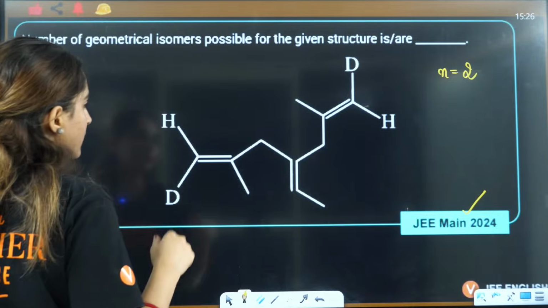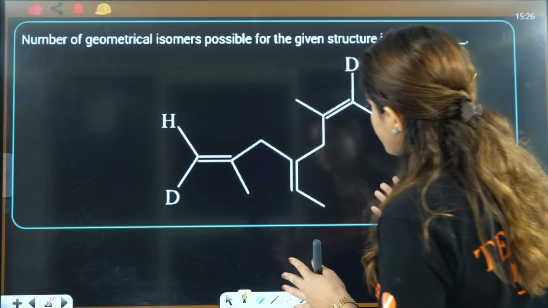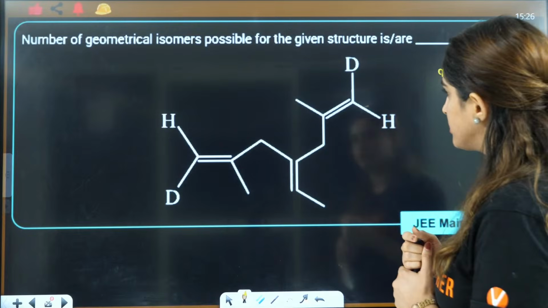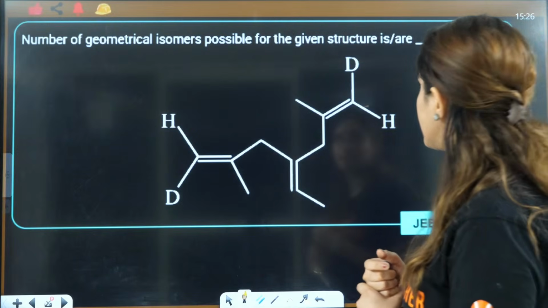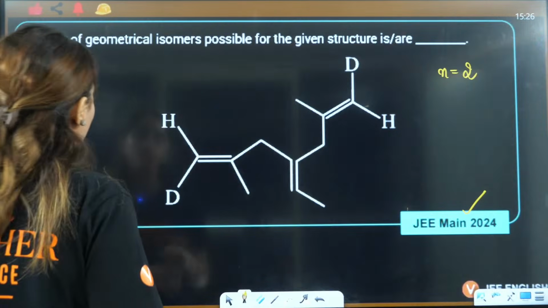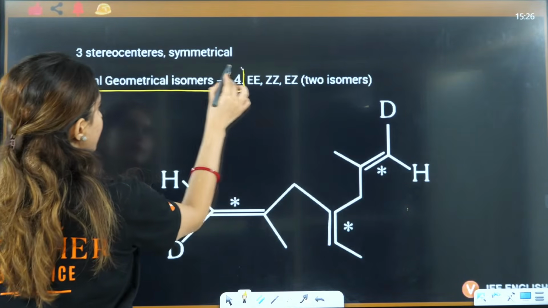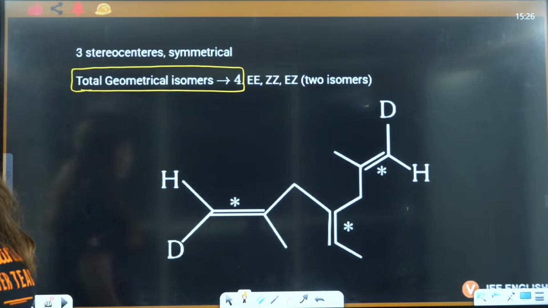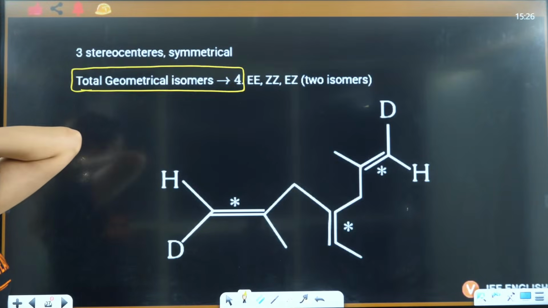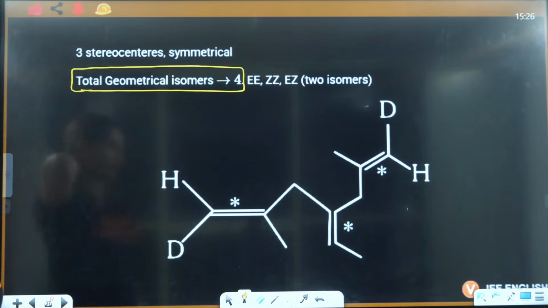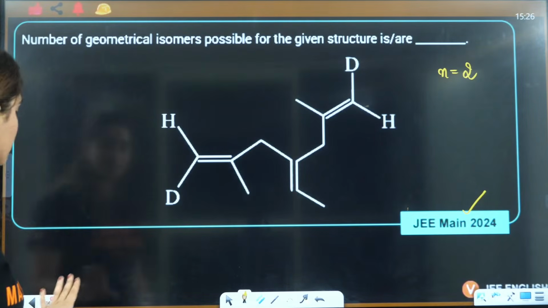Okay. But now, can I say this is a symmetrical structure or an asymmetrical structure? Yes, this is an asymmetrical structure. So 2 raised to power 2, it should be 4. So the total number of geometrical isomers is 4. Now I know you will say, ma'am, 3 stereo centers, symmetrical stereo centers. At this point, don't look at the stereo centers, nothing.